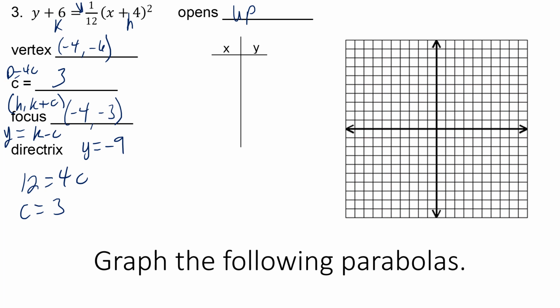Over here, the center of my table is going to be -4, -6, and I want to choose 2 points that are equal distance from here. Those would be good points to plug in. A good way of thinking about it is to use my C. Following the rule of what my C is helping me with, if C equals 3, I could go 3 units to the left, 3 units to the right, and then keep going to find another point that would be easy to plot.